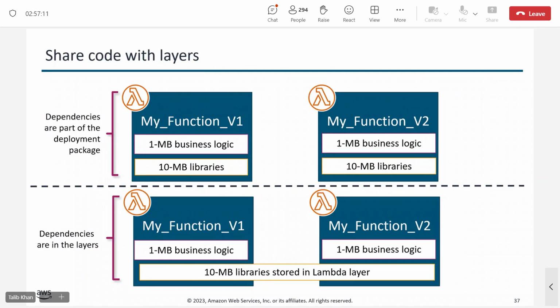These functions continue to have the same access to the dependencies and also use less storage. A deployed layer is also immutable, a immutable version, and each time a new layer is published, the version number increments. When you include a layer in a function, you can also specify the layer version that you want to use.